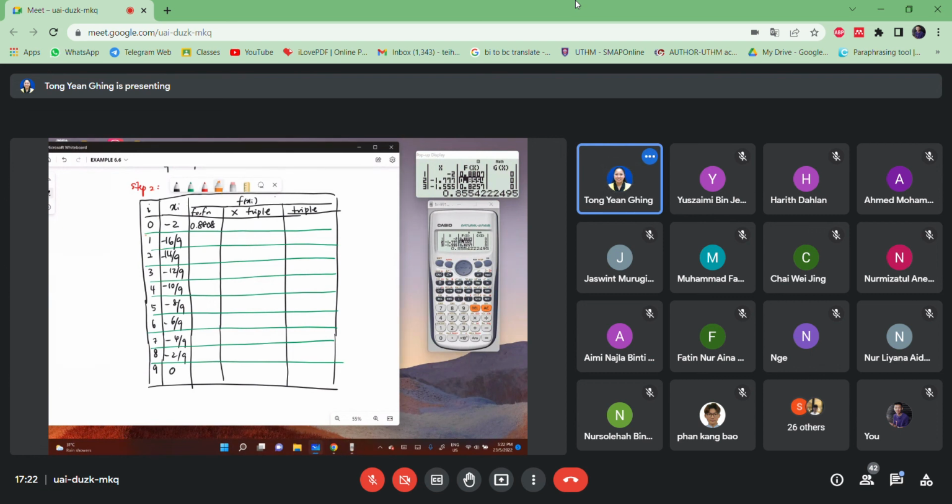So here, because this one is 1, so 1, 2, I will put here. And then 3, I will put here. And then 6, I will put here. And then the rest, 4, 5, I will write here. 7, 8, also we write here. And then the last one, put here.